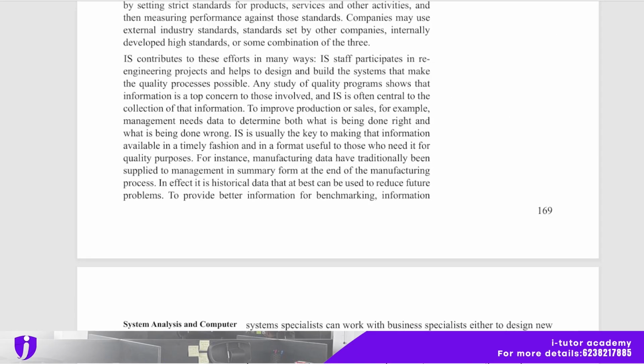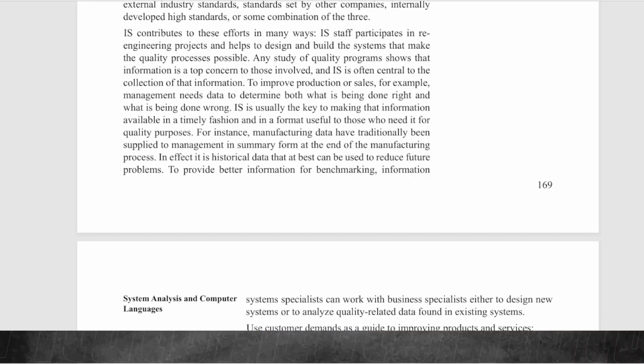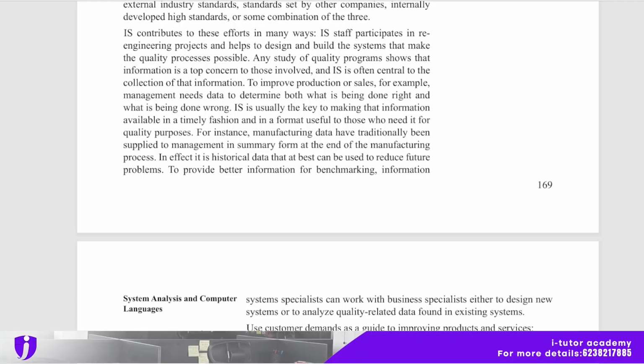And IS contributes to this effort in many ways. IS staff participate in re-engineering projects and help to design and build the systems that make the quality process possible. Any study of quality programs shows that information is a top concern to those involved, and IS is often central to the collection of that information.